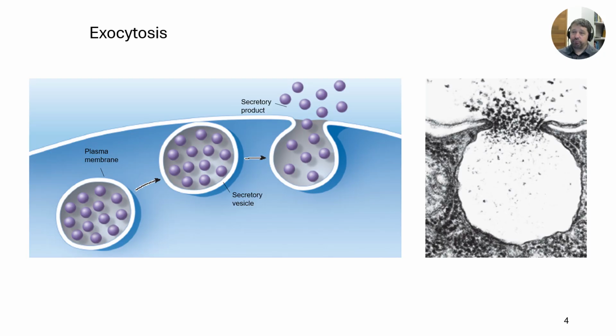Exocytosis is just kind of what it sounds like, exit. So you want to get rid of it if it's waste material, or sometimes maybe not waste, but maybe it's product that the cell's made.